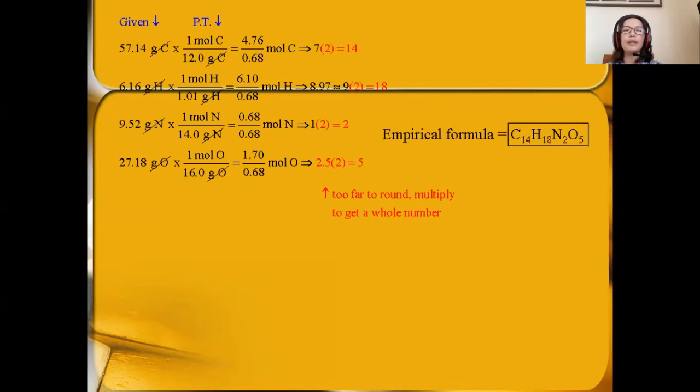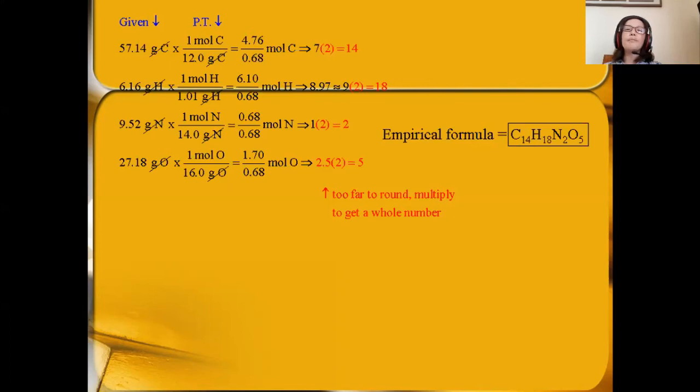Therefore, the empirical formula for NutraSweet is C14H18N2O5. Okay? How will you get now the molecular formula? So again, in getting the molecular formula, you need to get the EFU, or empirical formula unit.